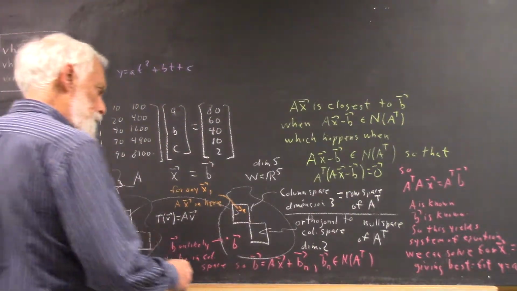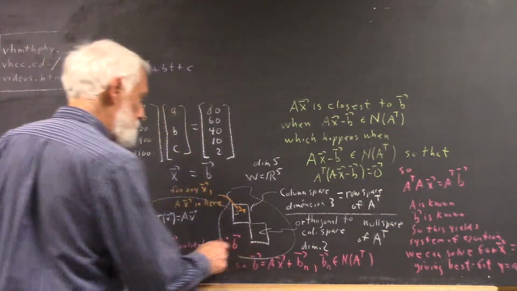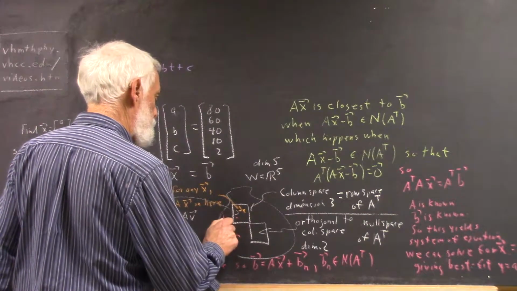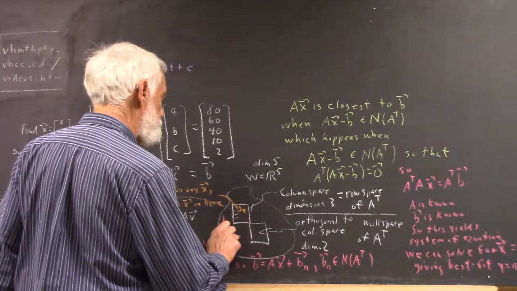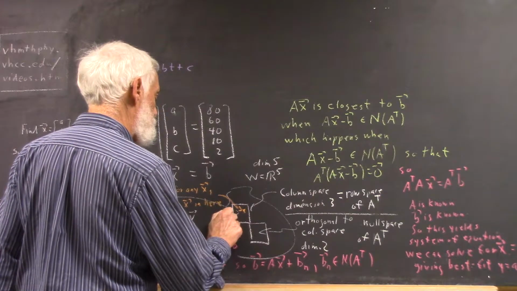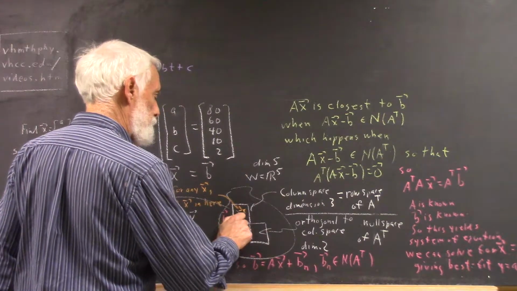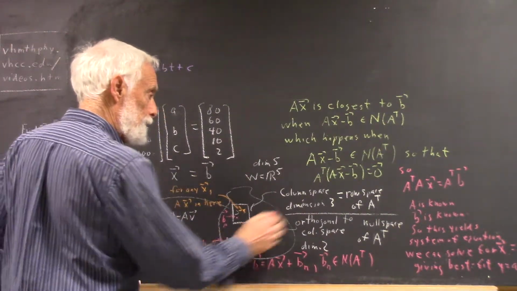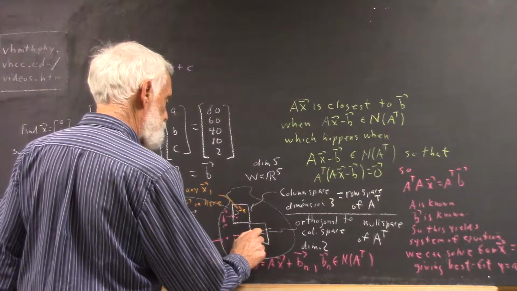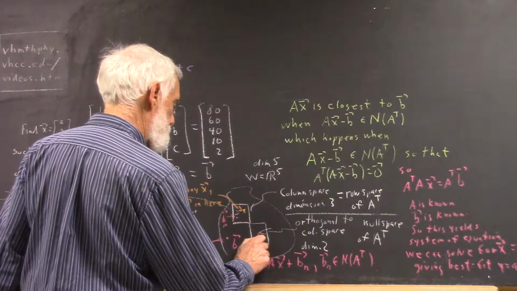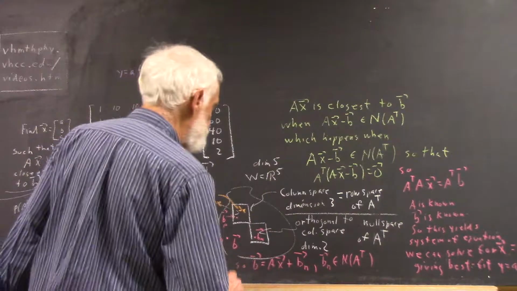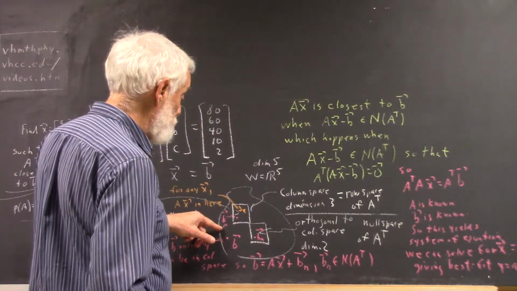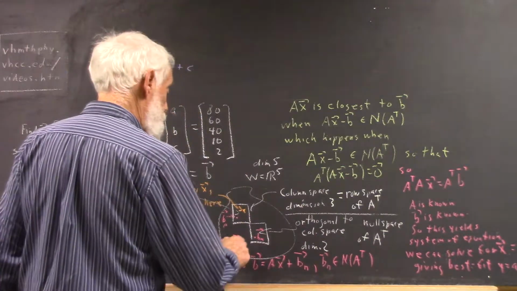Okay, so we have the picture. We have our B. We have our B row, a vector in the row space of A transpose, and our B sub n. There's a unique B sub row and a unique B sub n that equals B.